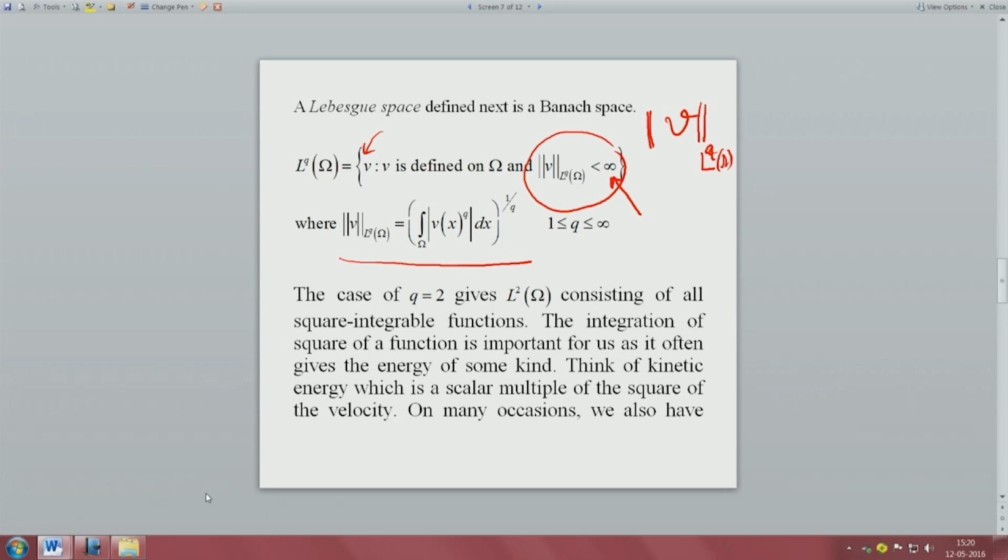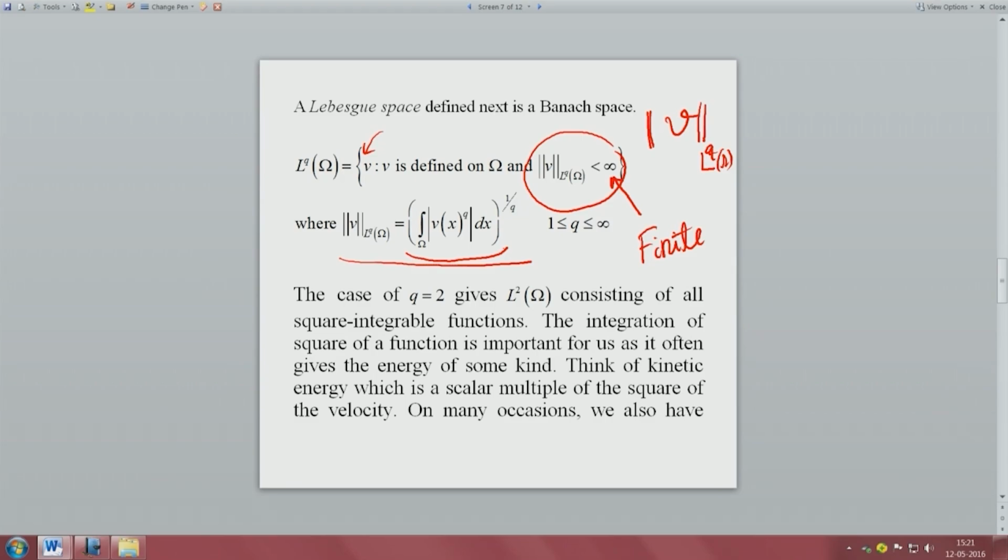When we say this Lebesgue norm should be finite, it is saying not infinite, less than infinity, it is finite, right. What is the Lebesgue norm? Look at this integral. It is the integral of the absolute value of v raised to q, where q is some number, right. Integrate the absolute value of v raised to q, and then take the qth root, that is the Lebesgue norm, right.